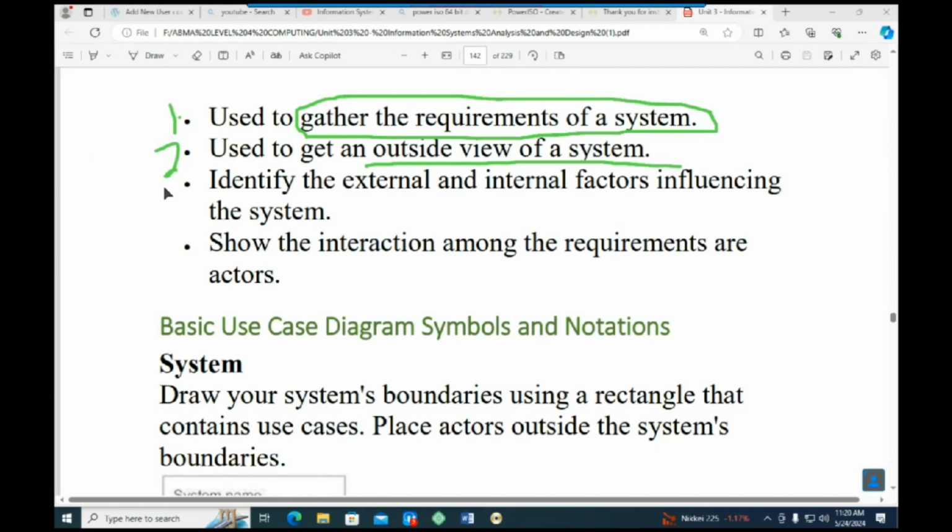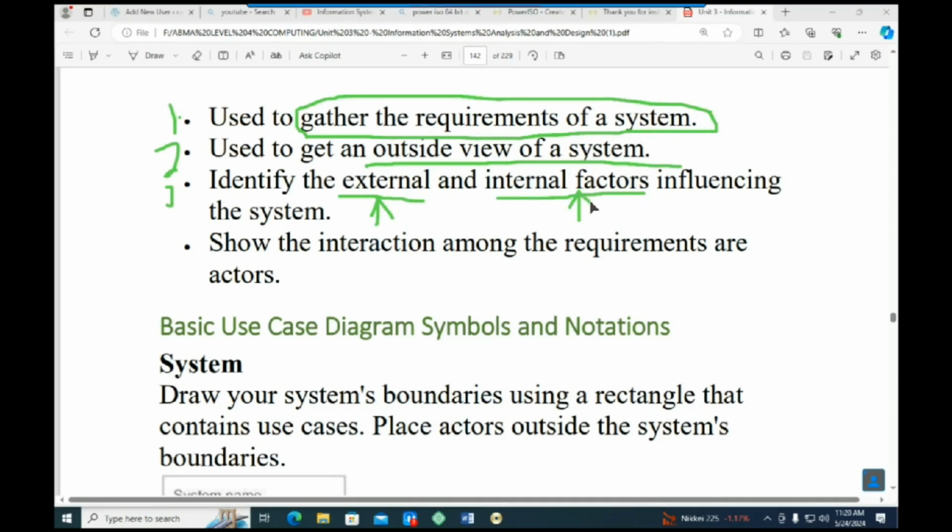Number 3, as I mentioned previously, it will help us to identify both external and internal factors that are going to influence the system. What are those things that are outside the system, but are affecting its operation, positively or negatively? Or what are those internal things that are affecting the system positively or negatively?